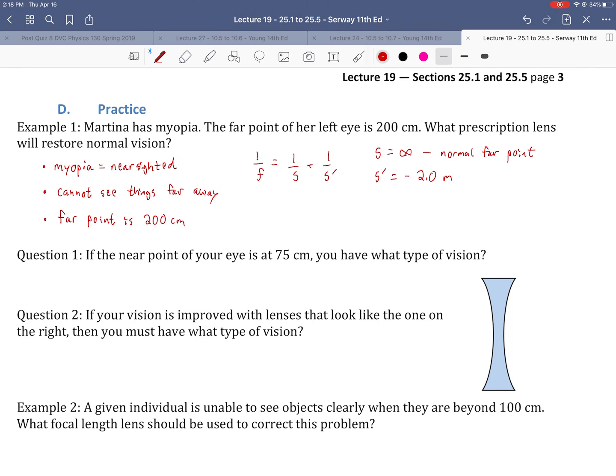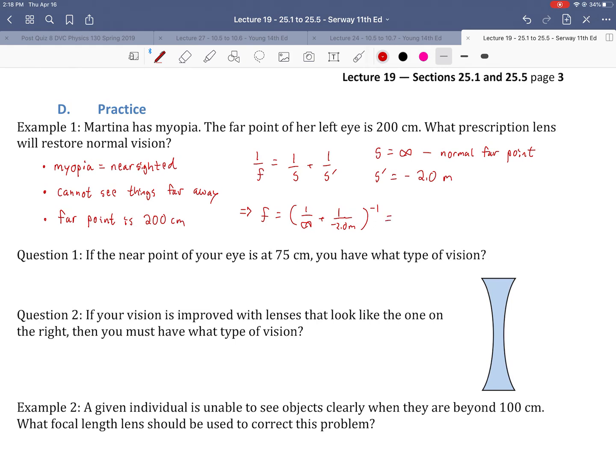Okay? So then we'd solve for f. It's just going to be 1 over infinity plus 1 over negative 2 meters, to the negative 1 power. And that's going to give us a negative value.